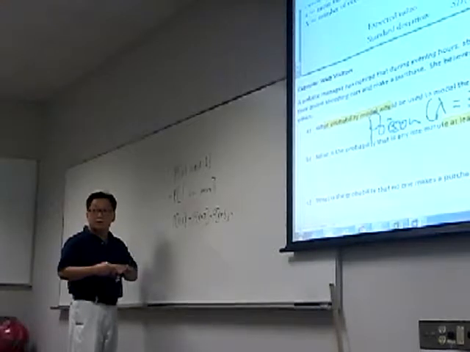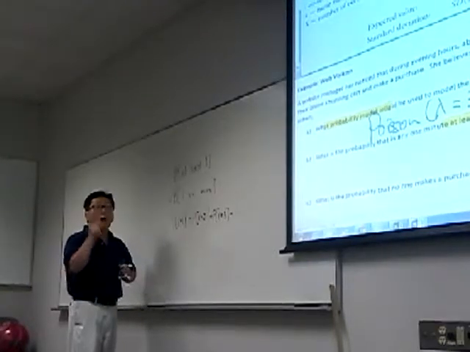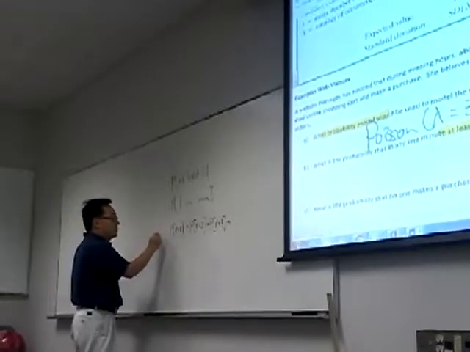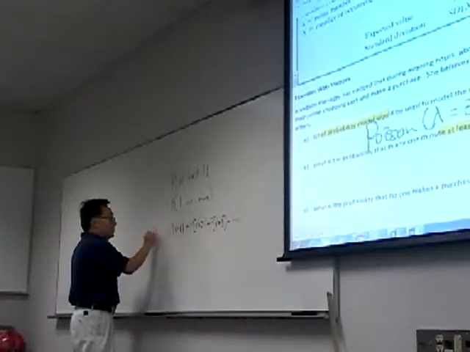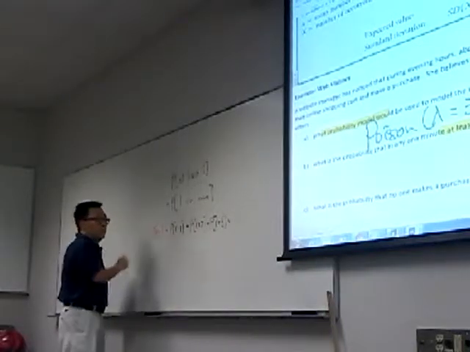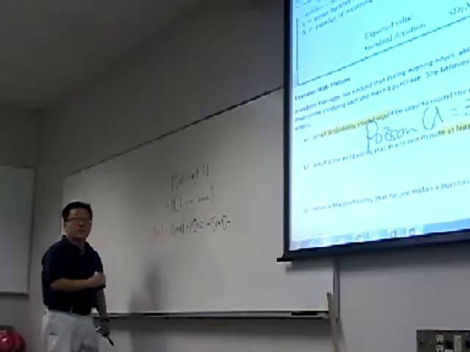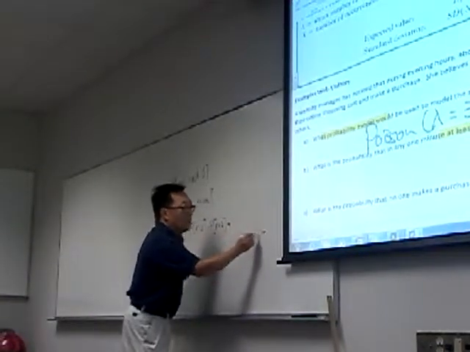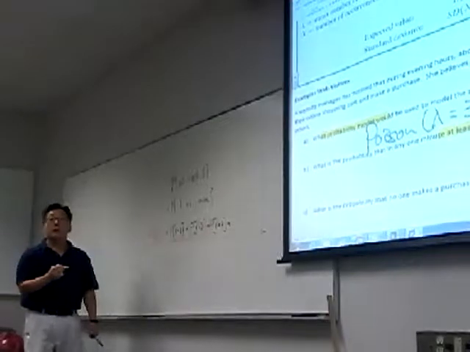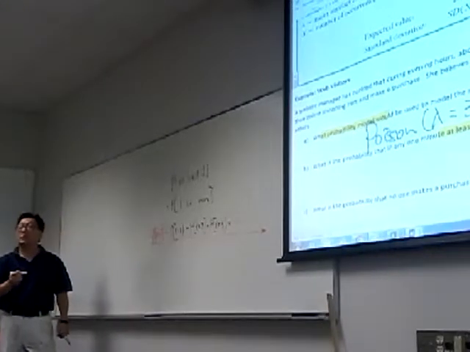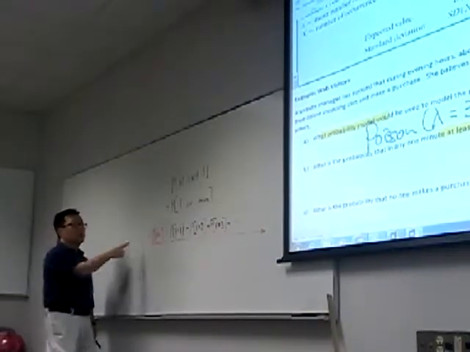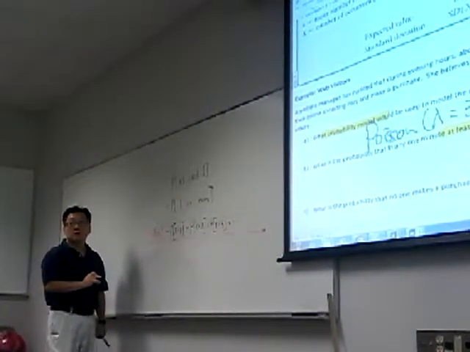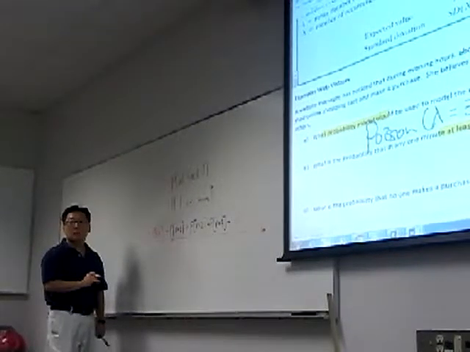But how about this? When I add another probability, probability x equals 0, add all possible probabilities, how much will be the whole summation? 1.